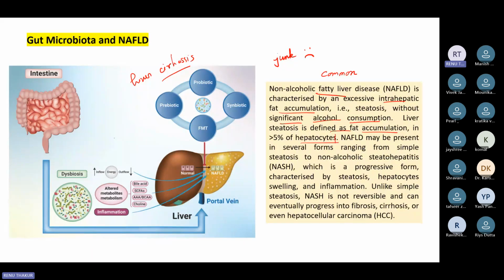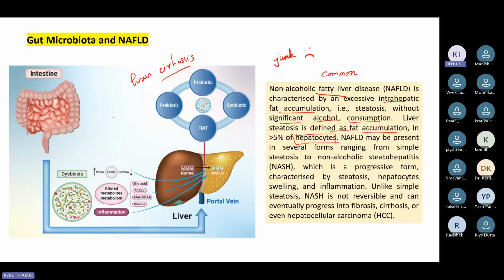Hepatocytes are what? These are the liver cells. So it can be non-alcoholic, and if a person is taking alcohol, then again these consequences will be more fatal than the non-alcoholic one, because alcohol will also increase the fat accumulation in your liver.